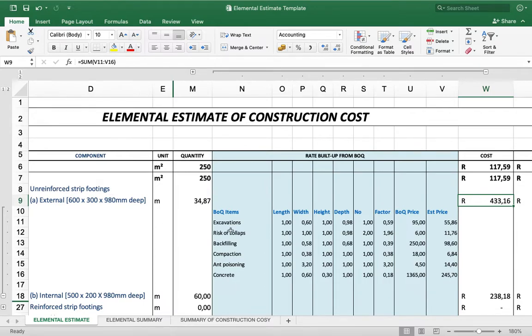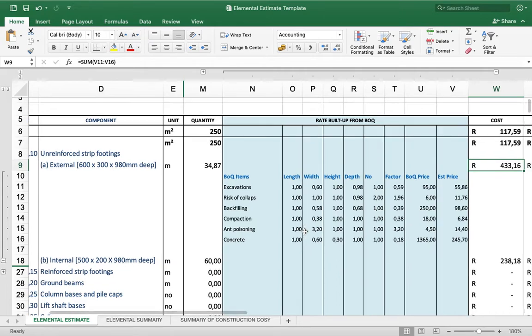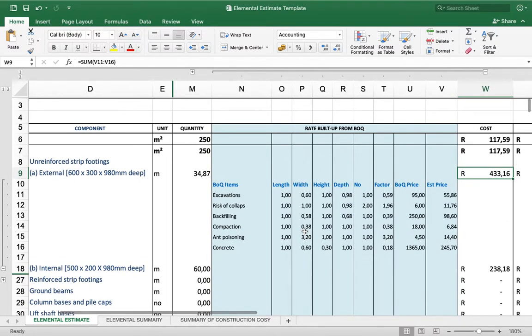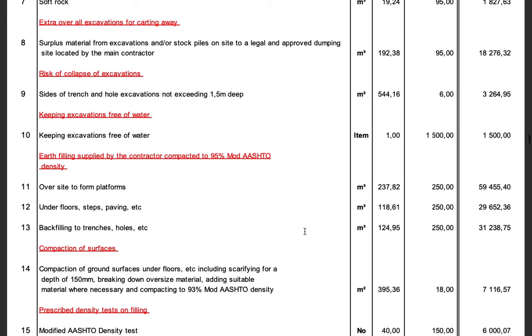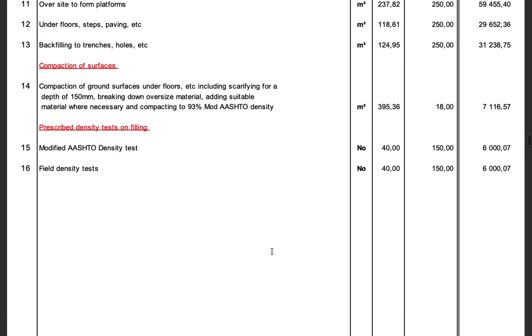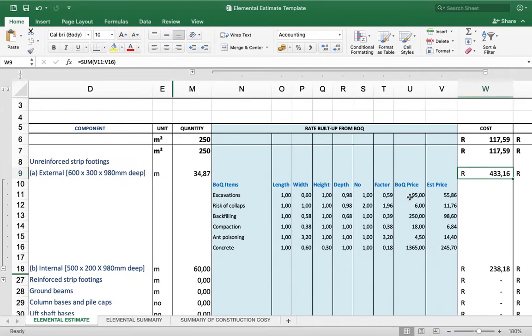So just another thing that is not included in this calculation of mine, and that is escalation. So you will recognize that the bill of quantities was compiled in 2013, that is 7 years ago. So these rates are historical rates, and we want to know what is the current estimate for this building.